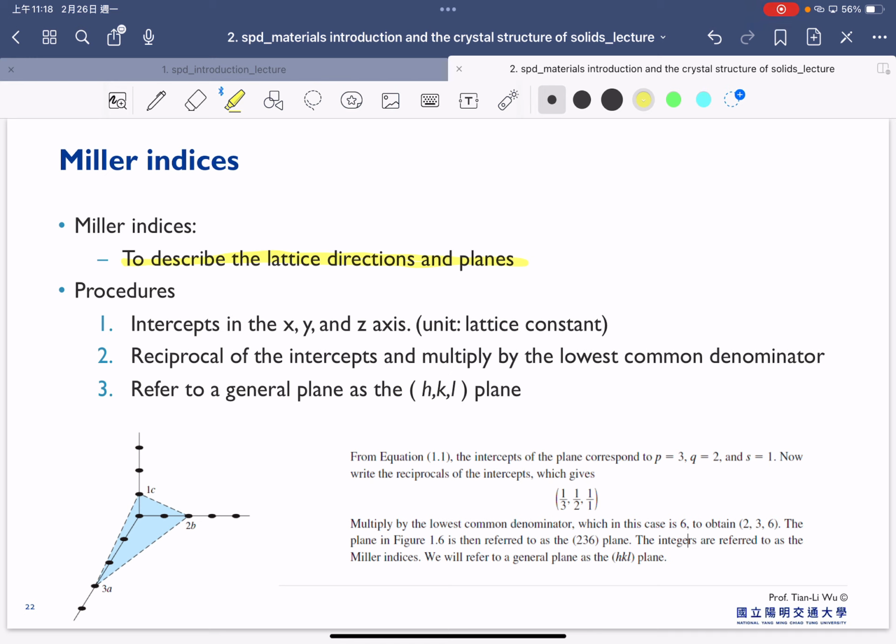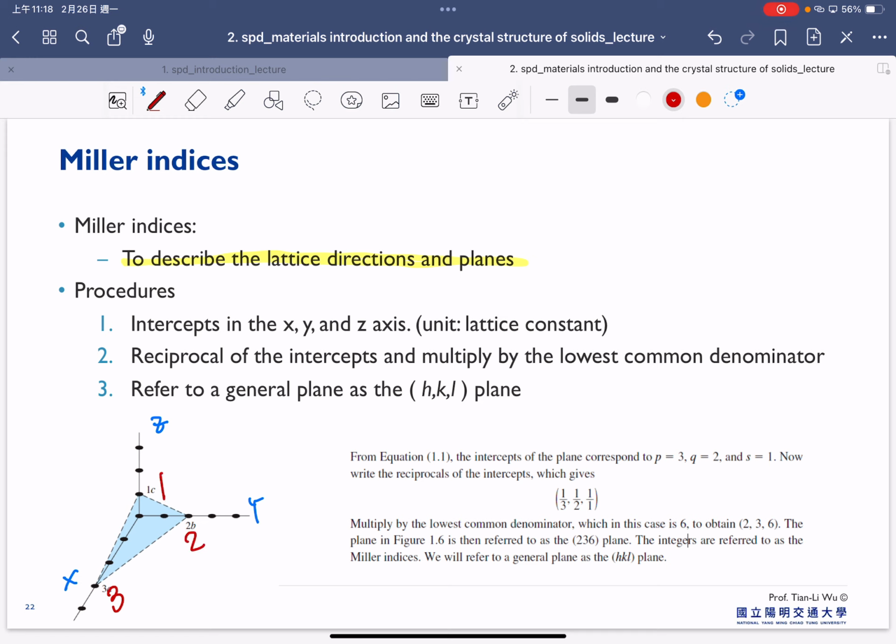There are several procedures. First, as shown here, we are interested in defining this plane. If we look at the intercepts in x, y, z, the intercept on the x coordinate is 3, on the y coordinate is 2, and on the z coordinate is 1.